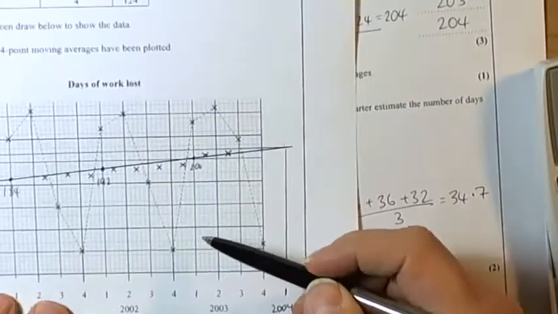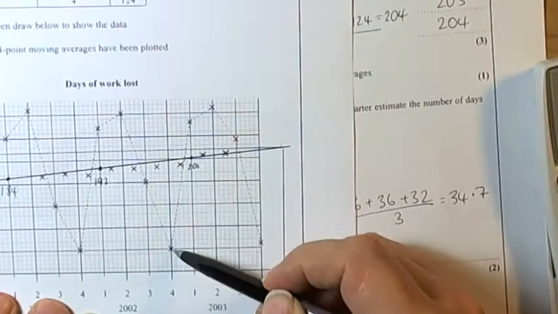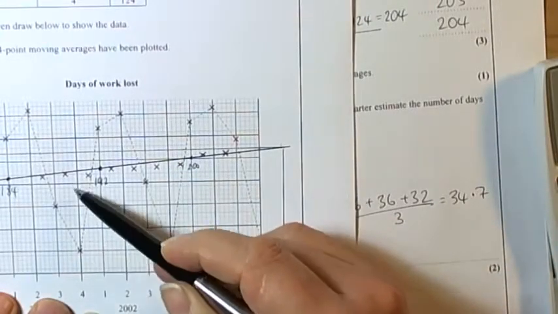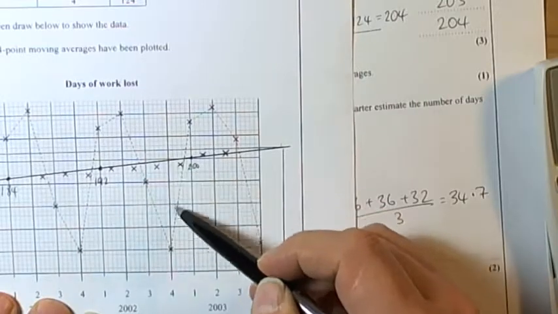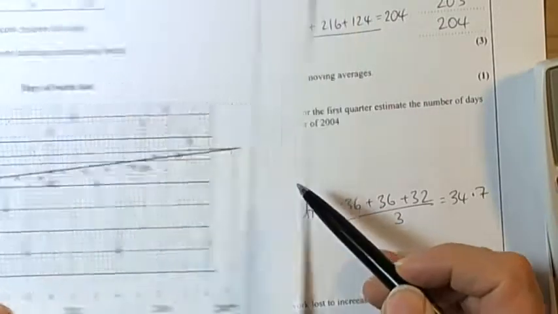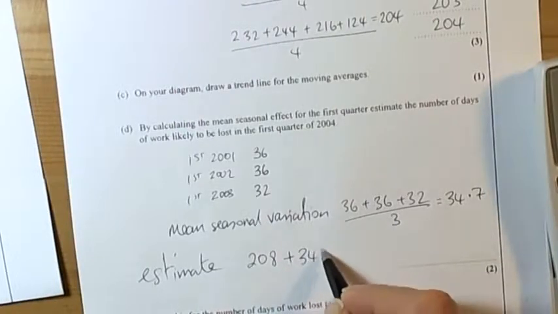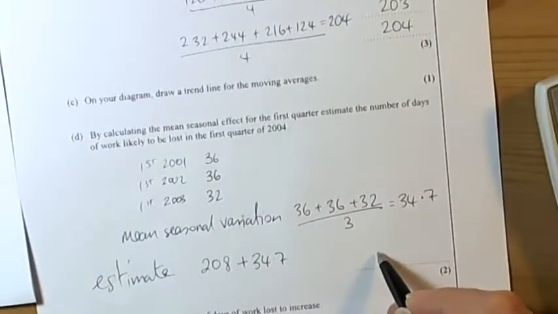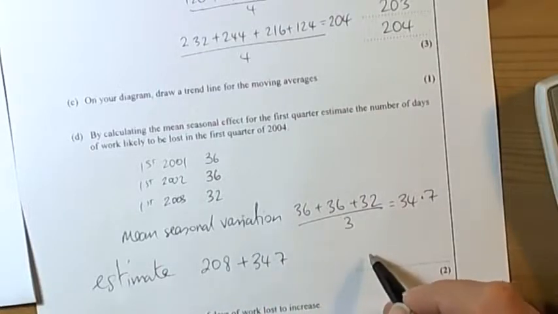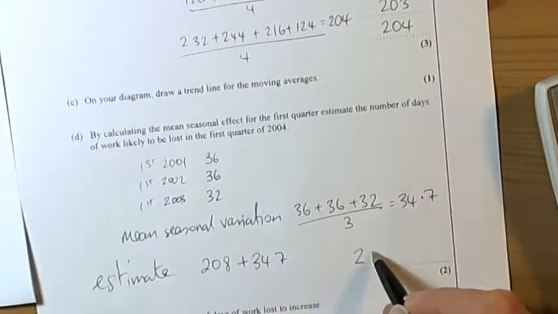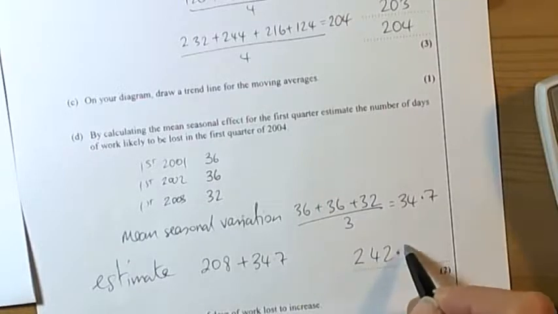Now if we'd calculated the seasonal variation for quarter 4, then we'd be going below the trend line, so that would mean we'd be doing a takeaway. So here we've got a plus because we're above the line, so we add on the 34.7. So our estimate for quarter 1 in 2004 will be 242.7.